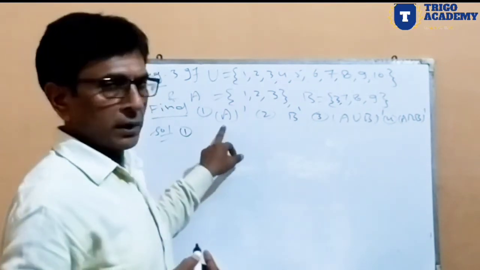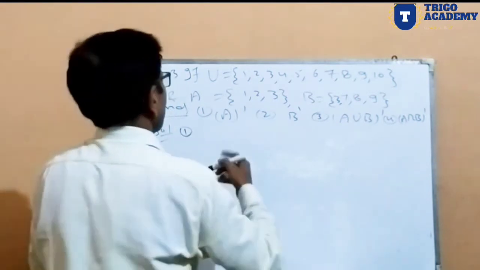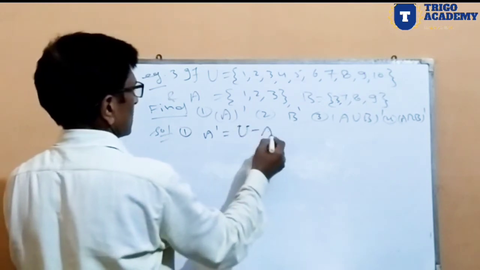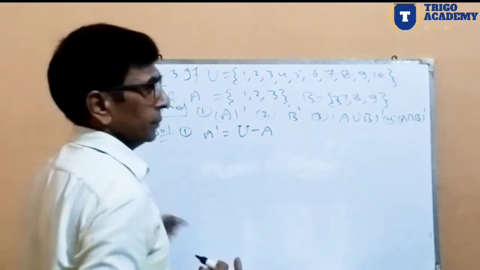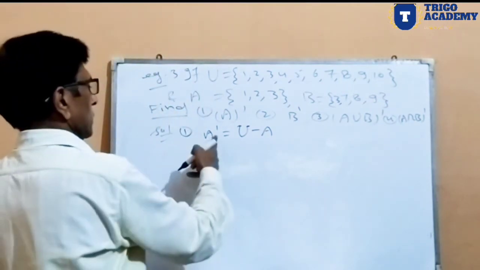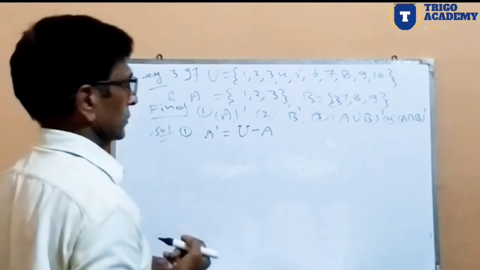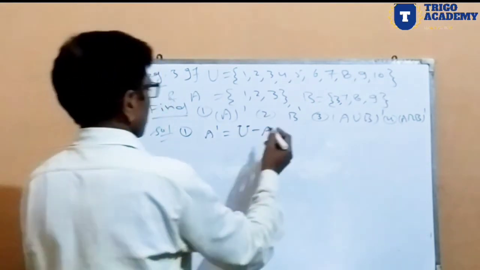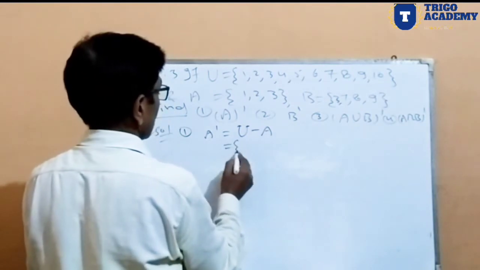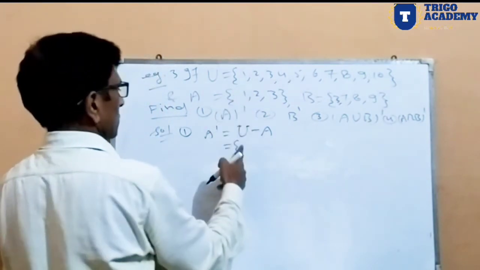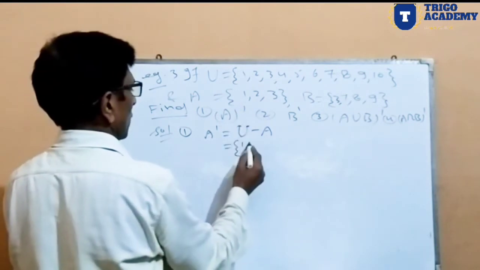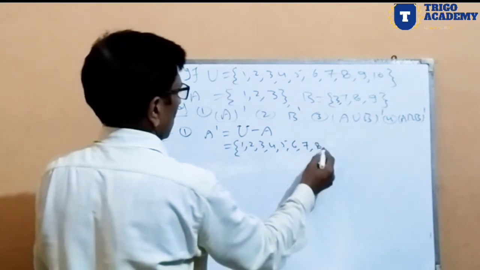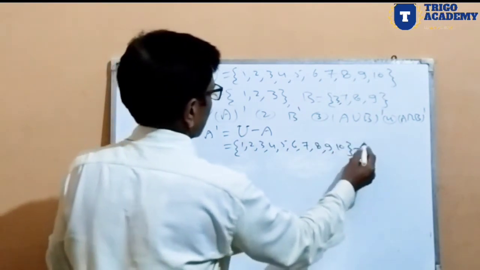First we have to find A dash. A dash will be equal to capital U minus A. A dash means such a set having only elements of U, not A. So here we put the elements of U: 1, 2, 3, 4, 5, 6, 7, 8, 9 and 10.